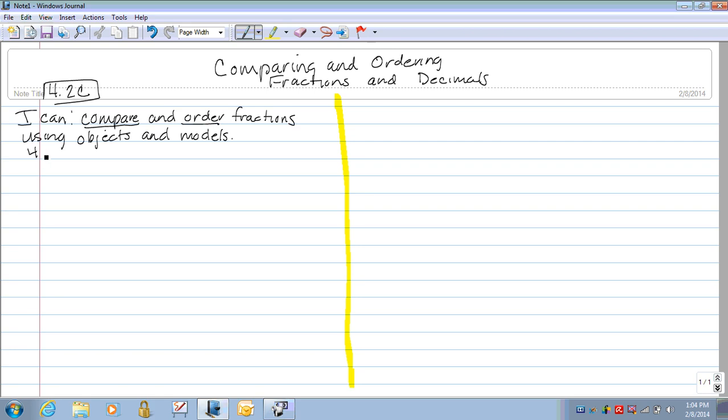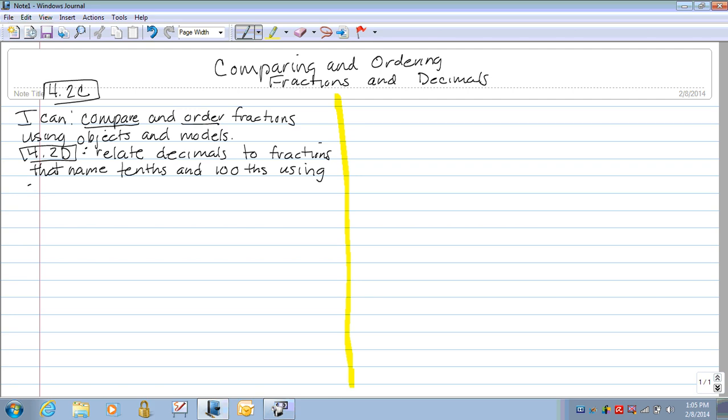And the other TEK that we will be learning today is 4.2D, where we can relate decimals to fractions that name tenths and hundredths using objects and models.